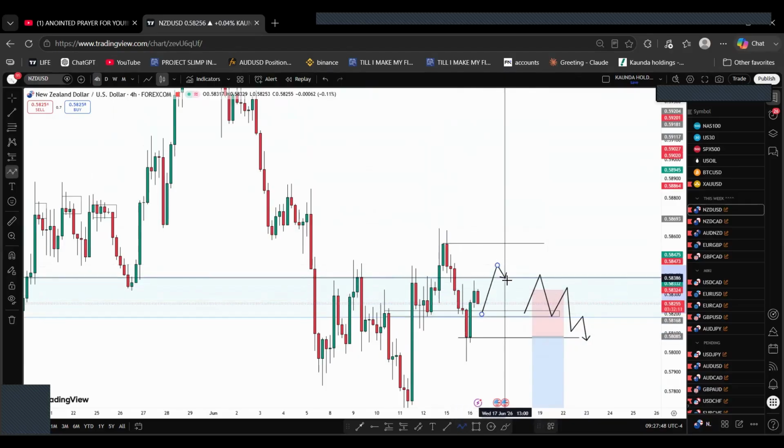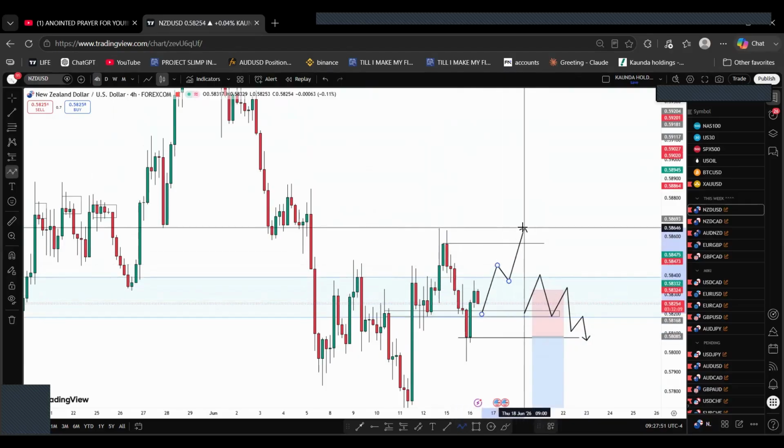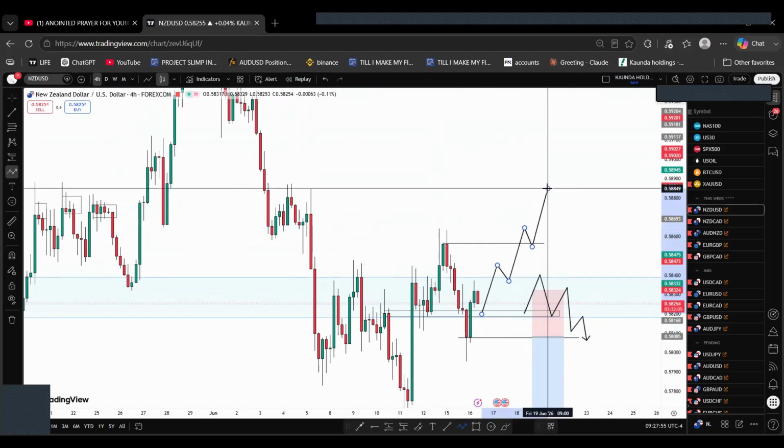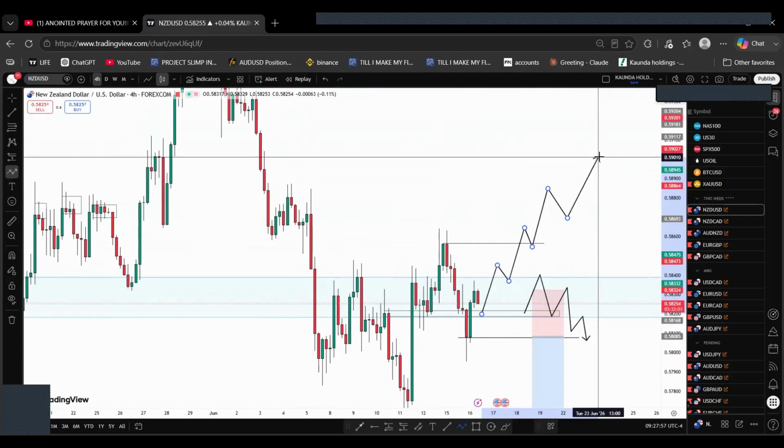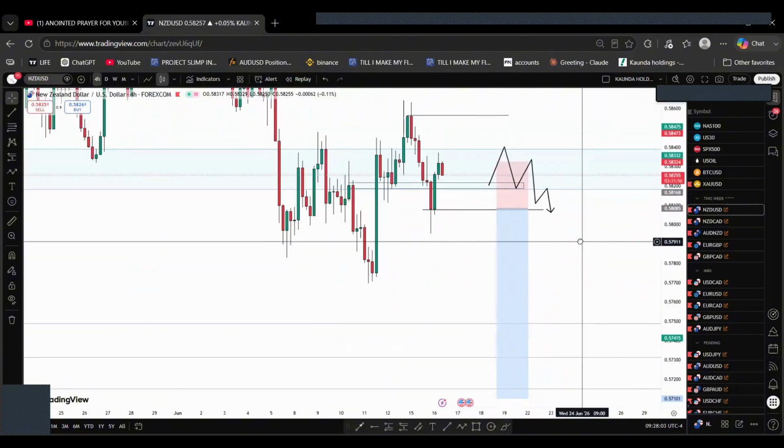See, break above, and as it breaks above, this would be a bullish trend, making our sells even more difficult.